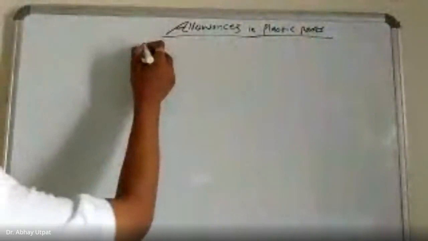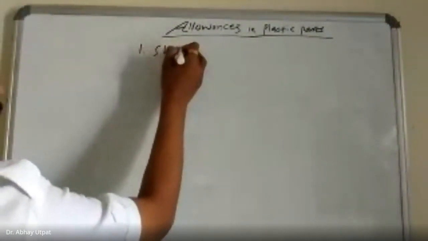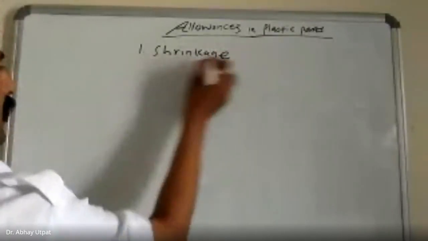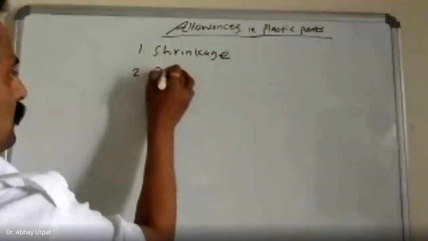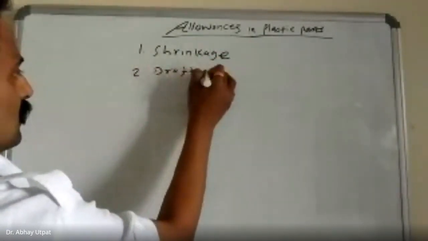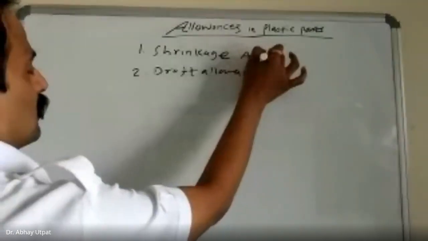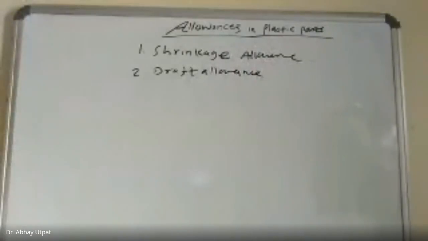So in this case, to achieve correct dimension, the major important allowances considered here are shrinkage allowance and the second one is draft allowance. Now these two are important aspects of the allowances.